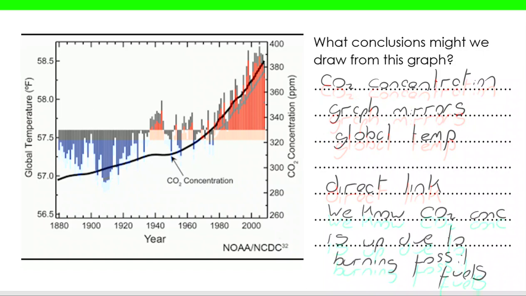We know, and we saw on the previous graph, that carbon dioxide concentration is going up, not due to natural factors. So it makes sense that it's gone up due to our increased use of burning fossil fuels. So you piece all of that information together and it becomes quite compelling that we are quite significantly responsible for the changes that are happening.